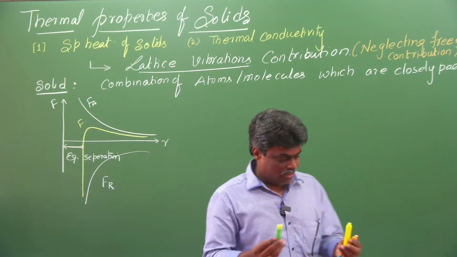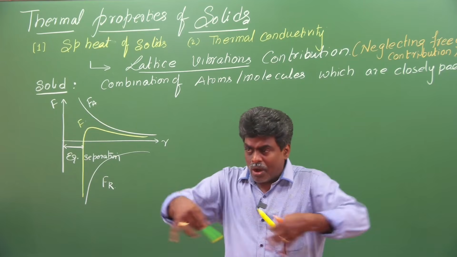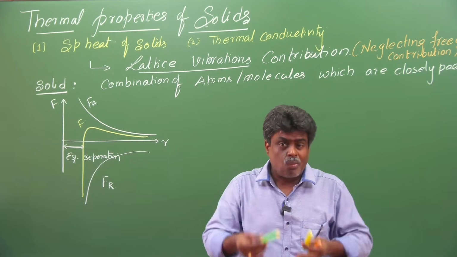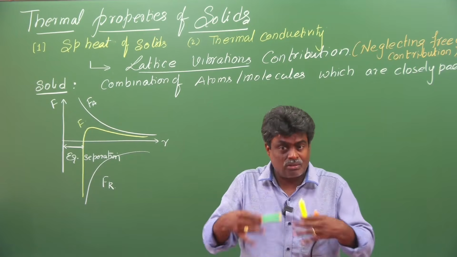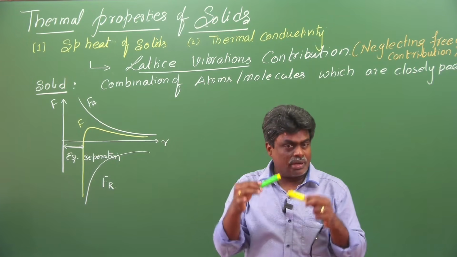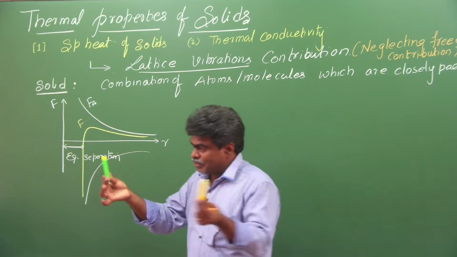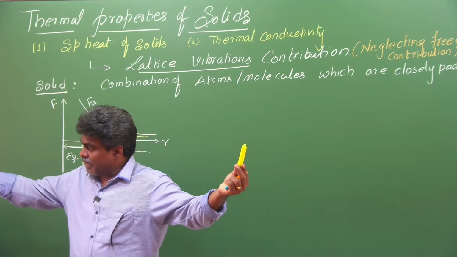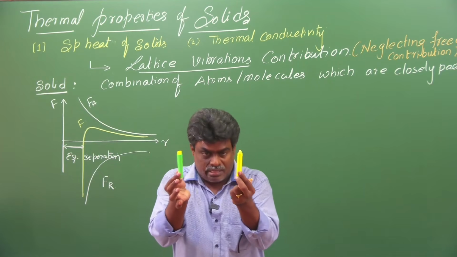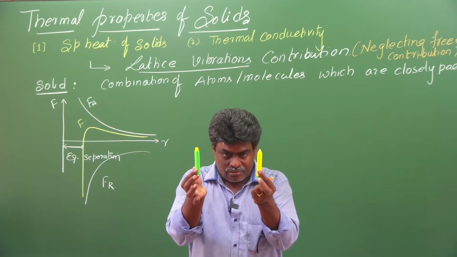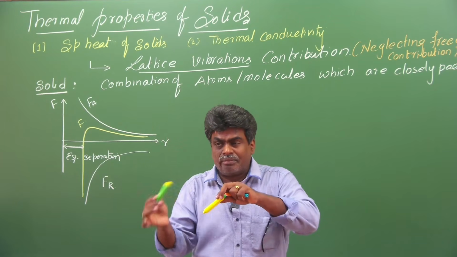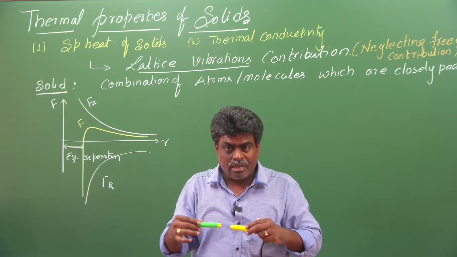I am explaining how you get the solid because we are discussing lattice vibrations. Why are those called lattice vibrations? The atoms which are very far away come close to each other because the attractive force is dominant. After reaching the equilibrium position, the repulsive force is dominant, and the attractive and repulsive forces are balanced.